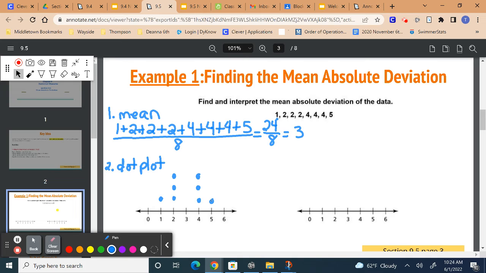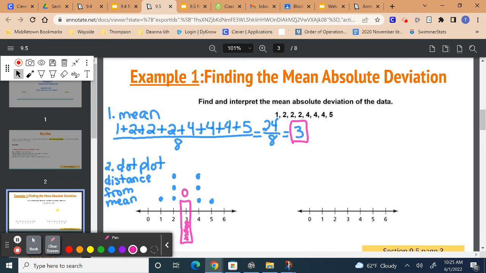Now we have to find the distance from the mean. Our mean is 3, so I'm going to go to 3 and box it. If I had dots on 3, anything on 3 would represent 0, because we want to find the distance of each dot from the mean.